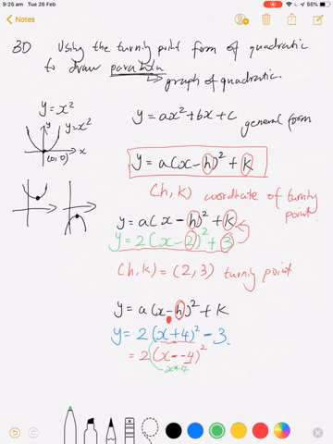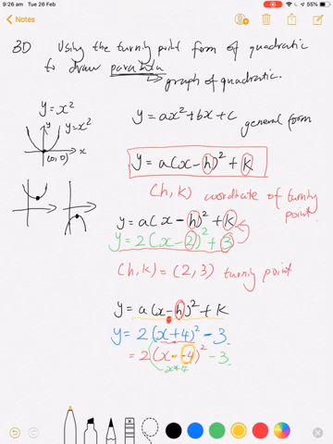And then minus 3. Now we can easily tell my h is negative 4, because we need to have one negative so that it looks exactly like the formula.